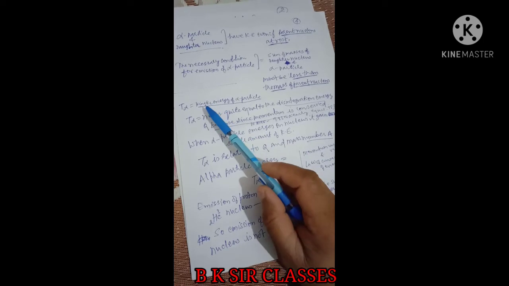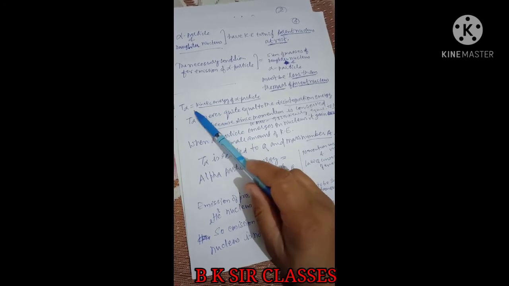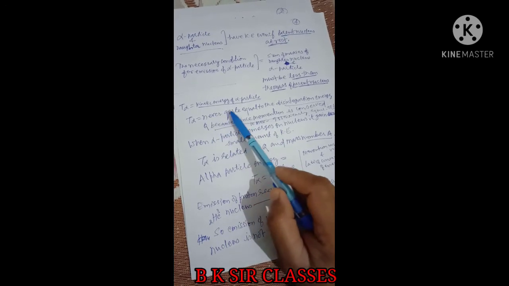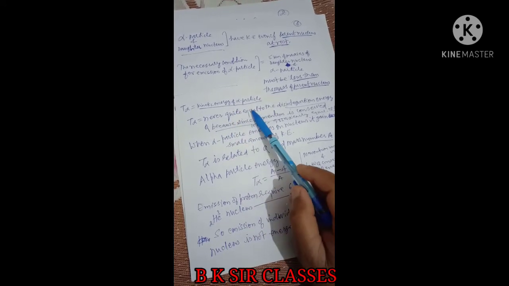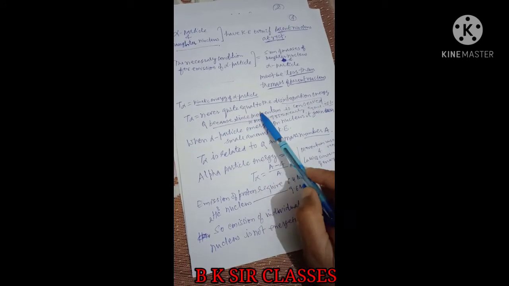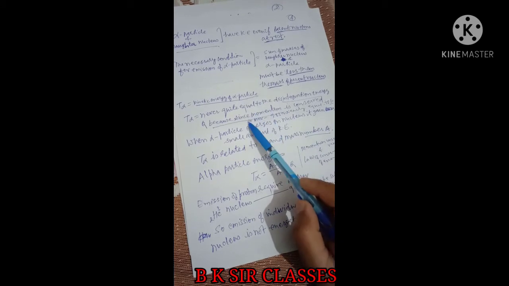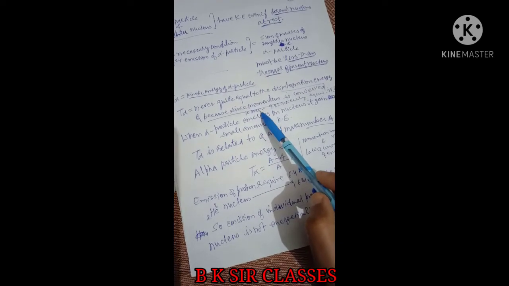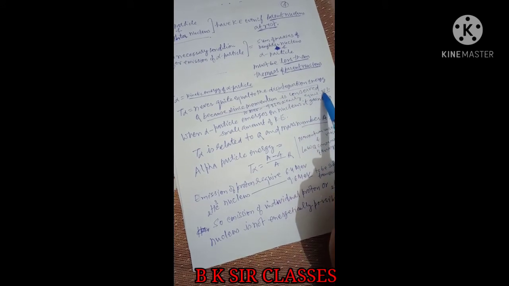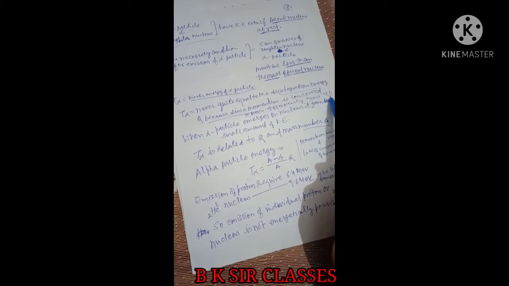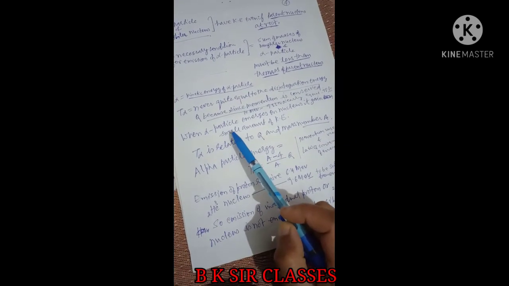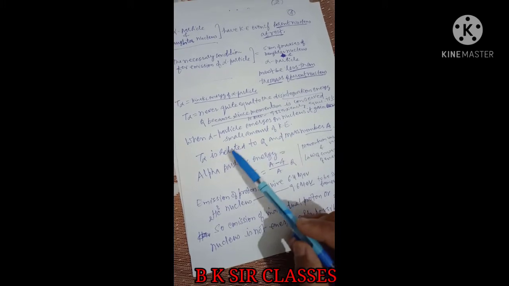If we consider T alpha, the kinetic energy of the alpha particle, it can never be quite equal to the disintegration energy Q, since momentum is conserved. That is a small amount of kinetic energy.